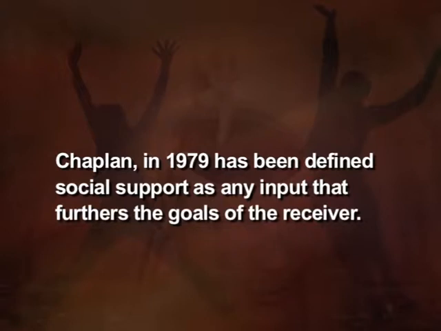Chaplin in 1979 defined social support as any input that furthers the goal of the receiver, and there are two major kinds of social support: tangible support, which includes physical resources that benefit the individual in some way, and psychological support that provides the individual with help to develop affective or emotional states that engender well-being. Tangible social support helps the person out, whereas psychological support helps him or her to feel better.